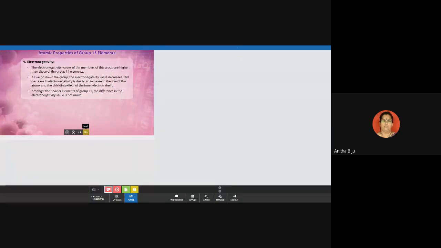You know that when we are moving along the group, what about the variation in non-metallic nature along the group? Decreases. Tisha, repeat your answer. Decreases. Very good.